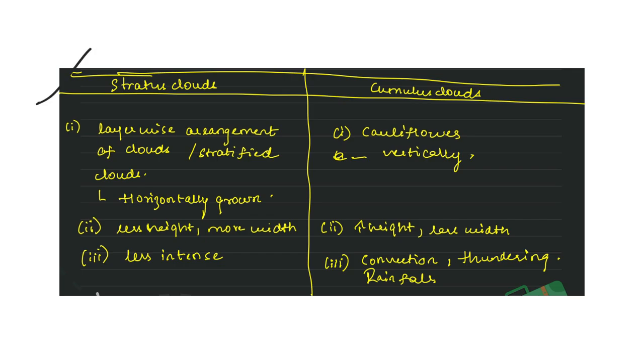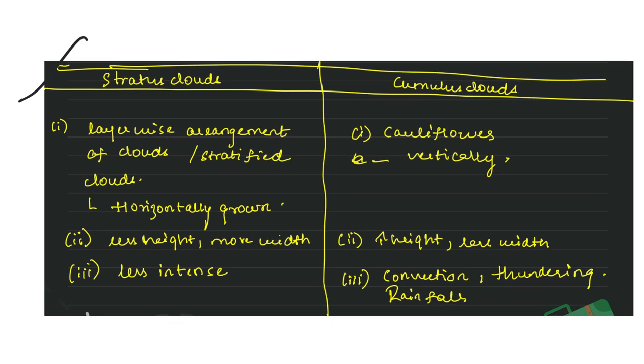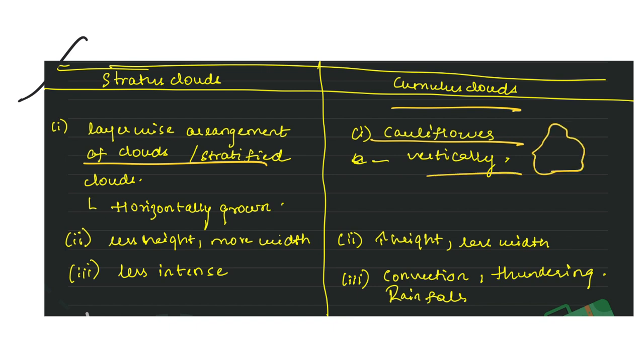So finally we'll see the differences between stratus clouds and cumulus clouds. So stratus clouds, if you do the word breakdown, are a layer-wise arrangement of clouds. Okay, and cumulus clouds are cauliflower-like structures, puffy bumpy clouds. Okay, so vertically their height is more. So remember, this is very important for your prelims.